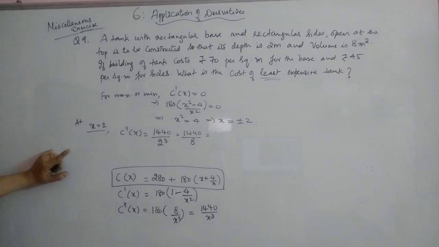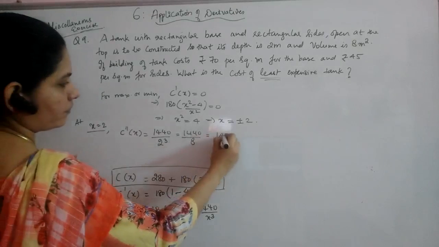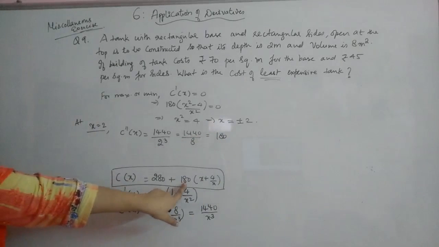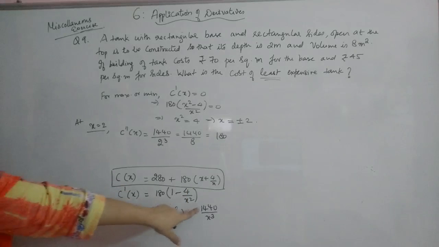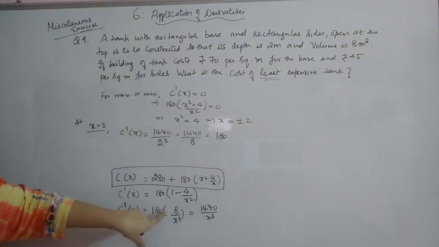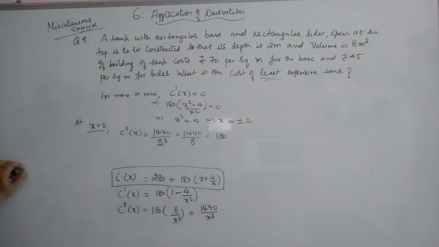You are getting 180. 180 into 8 was 1440. So 8, when you cancel, you will get 180 only, right? So it is 180, which is greater than 0.